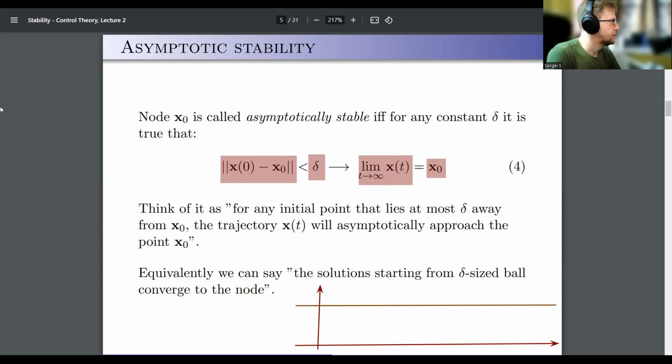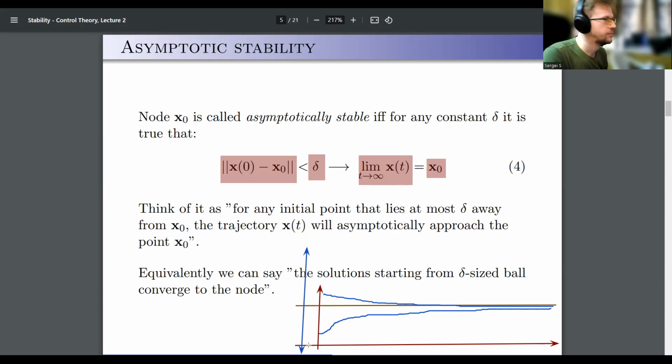What we would expect is that any solution from the region delta, delta away from the x node, would eventually converge to x node. So it would slowly but surely converge. As time goes to infinity, they will get closer and closer to x node. And that should be true for some kind of region delta.